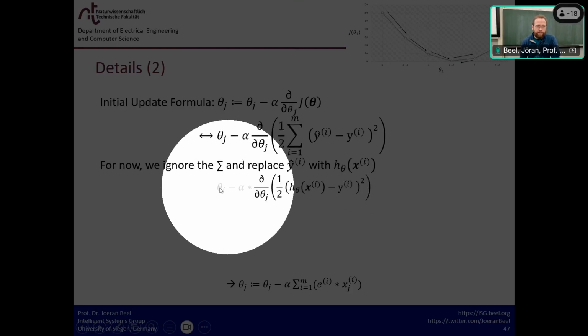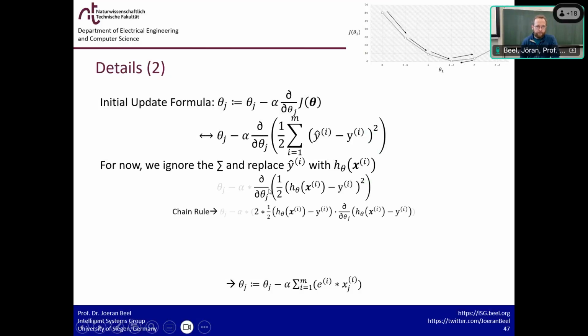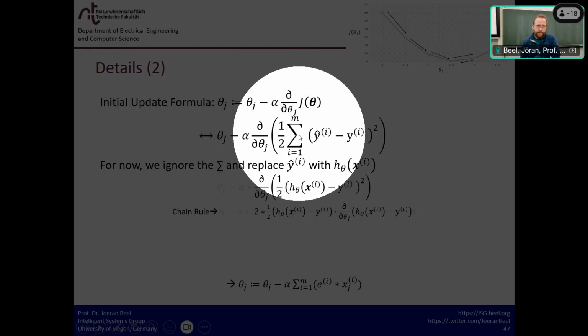And we ignore this for now. We can look at this later. The important part is here, the derivative. And we ignore the sum as well because we plug that in later, because like I said, the derivative of a sum is the same as the sum of the derivatives.